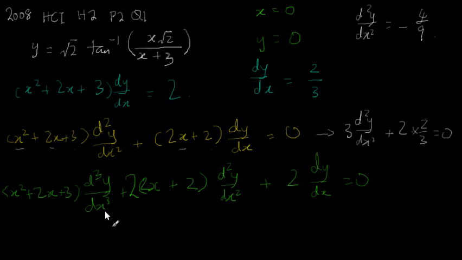And finally, we can use this last equation to find the third derivative. When x is 0, that's 0, that's 0, that's a 3. x is 0, that's 0. So 2 here times 2 is 4. And d2y/dx squared is minus 4/9.